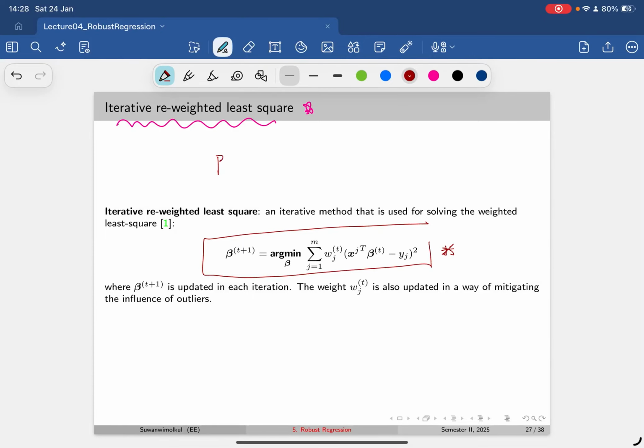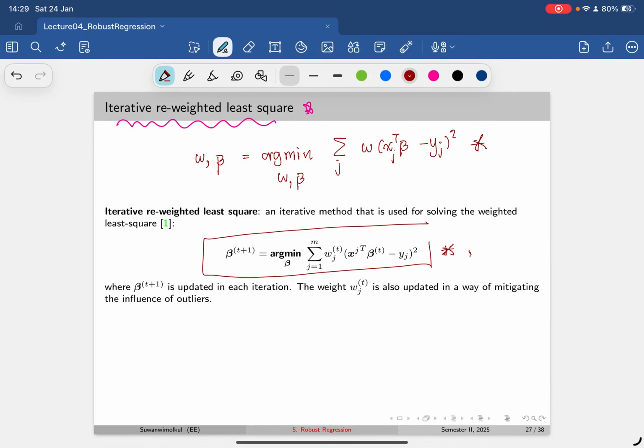Formally, if you were to write an optimization problem for this algorithm, it should be in this formulation, more than that one. This one is like the update.